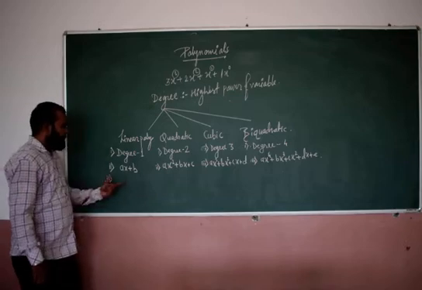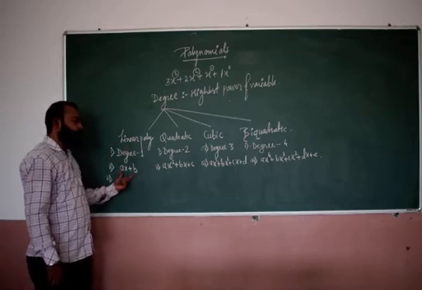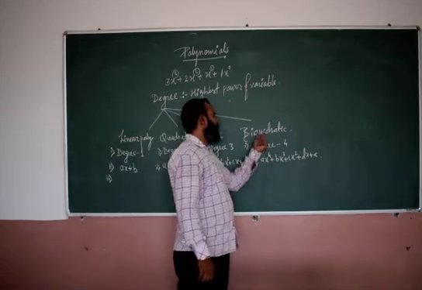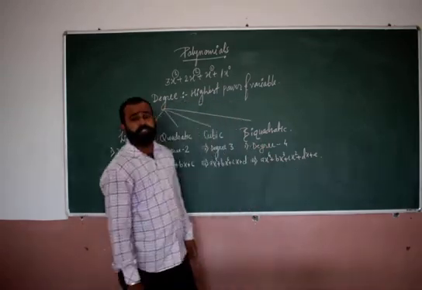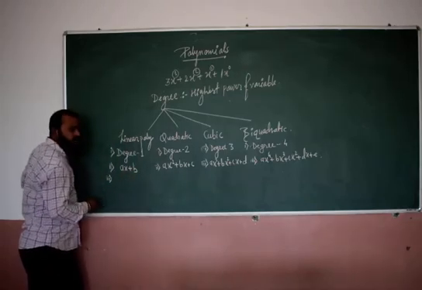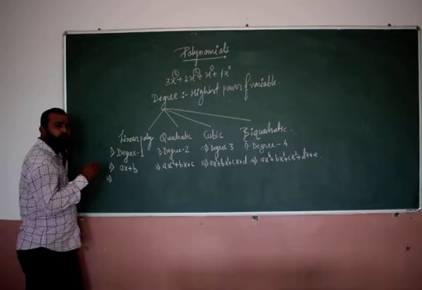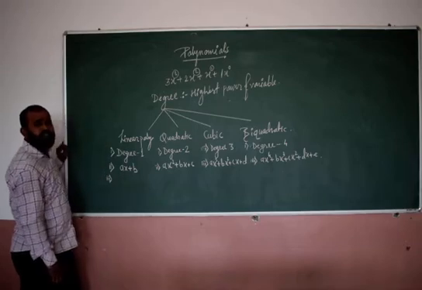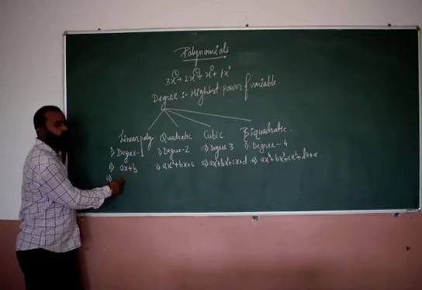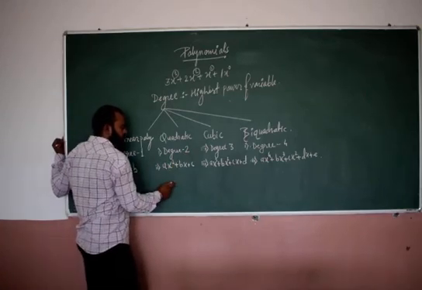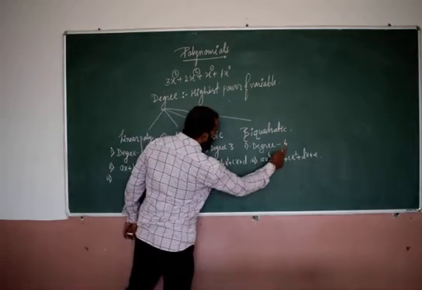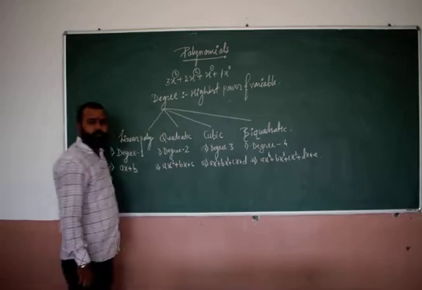Here, in a linear polynomial there are two terms, quadratic 3, cubic 4, biquadratic 5. So what we are saying is that in a polynomial there is one more term than its degree. Degree 1, how many terms in the polynomial? 2. Degree 2, terms 3; degree 3, terms 4; degree 4, there are 5 terms.